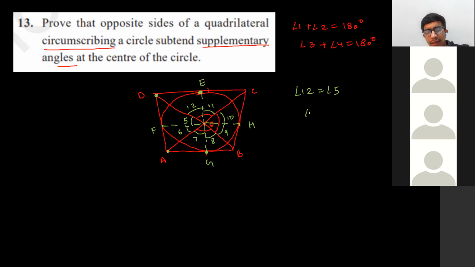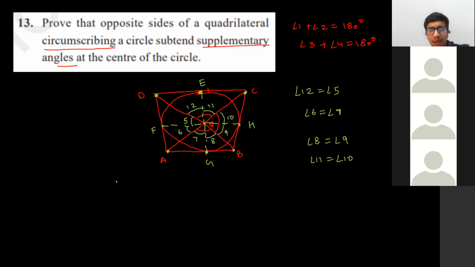So I can say angle 6 will be equal to angle 7. Now again, B is making two tangents, BG and BH. So again, I can say that angle 8 will be equal to angle 9. Similarly, C is making two tangents, CE and CH, and I can say angle 11 will be equal to angle 10.